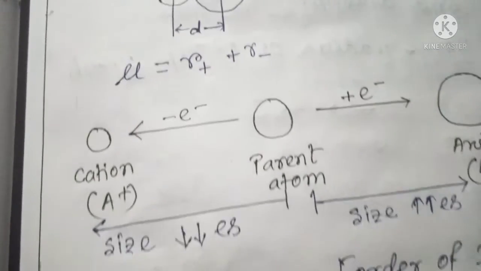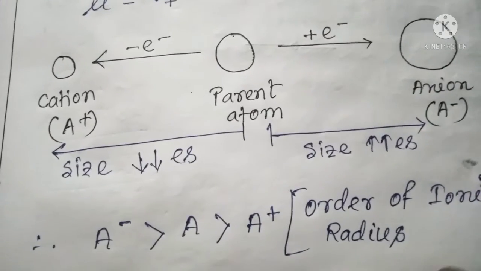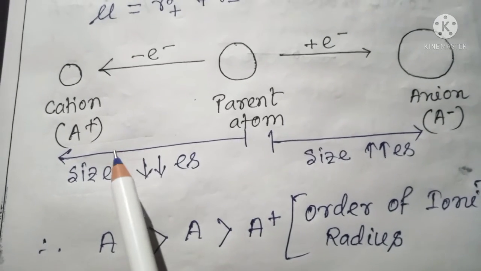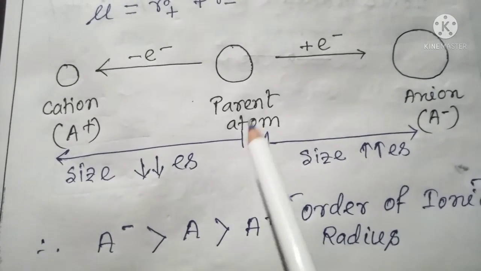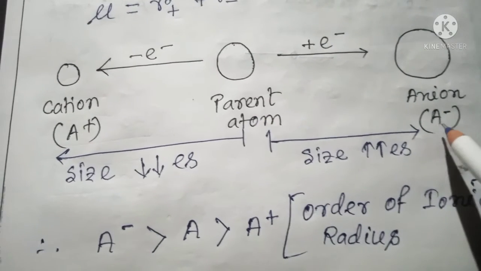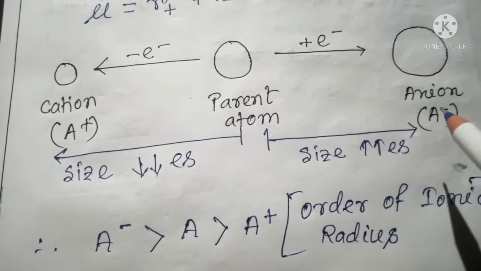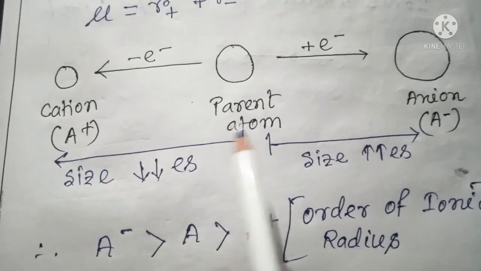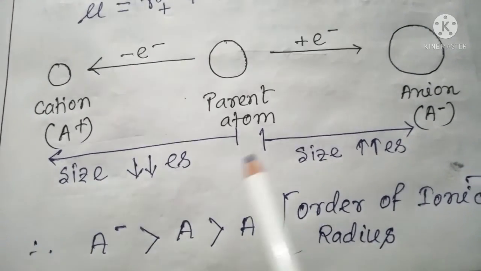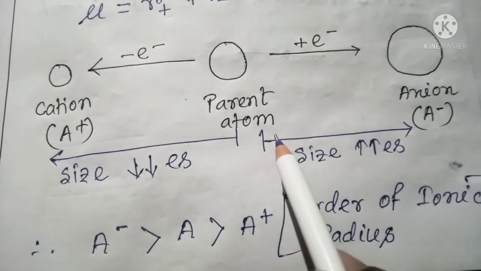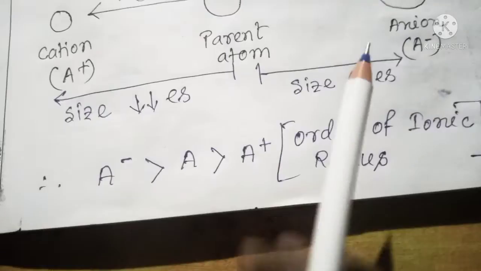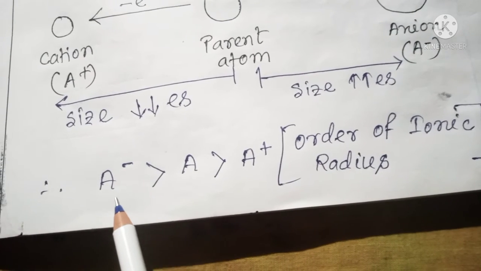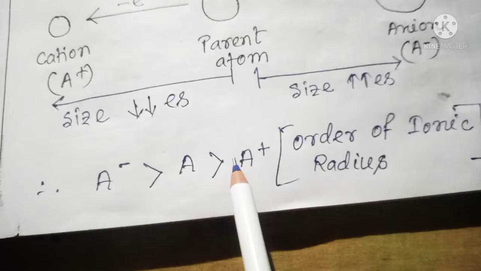Always remember one thing: the radius of a cation will always be lesser than the parent atom, and the radius of an anion will be higher than the parent atom. Also, size decreases from parent atom to cation and size increases from parent atom to anion. So the order of ionic radius will be A minus greater than A plus.